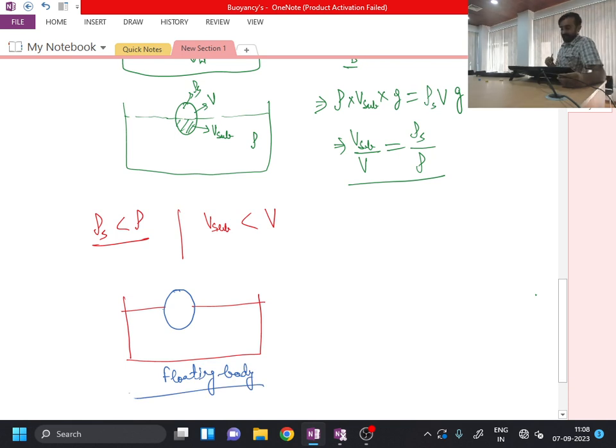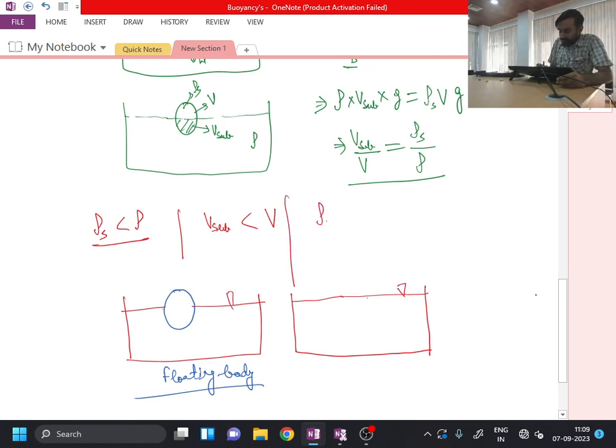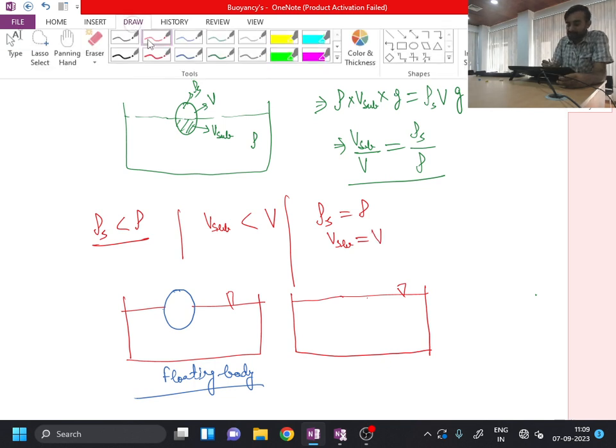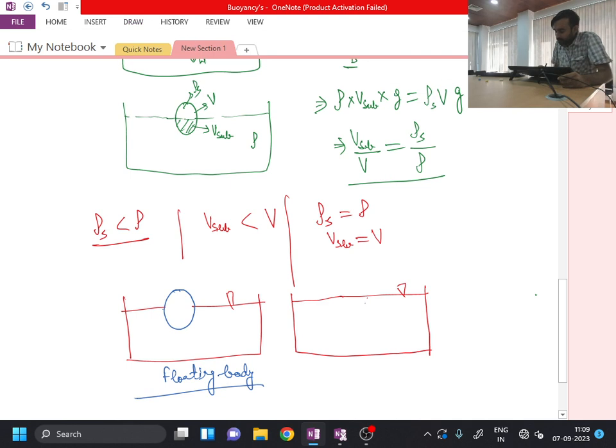Okay. On the contrary, I can have a situation where this is my free surface and density rho s is equal to rho. So when rho s is equal to rho, then my submerged volume will be equal to total volume. In this situation, my body must be completely submerged.